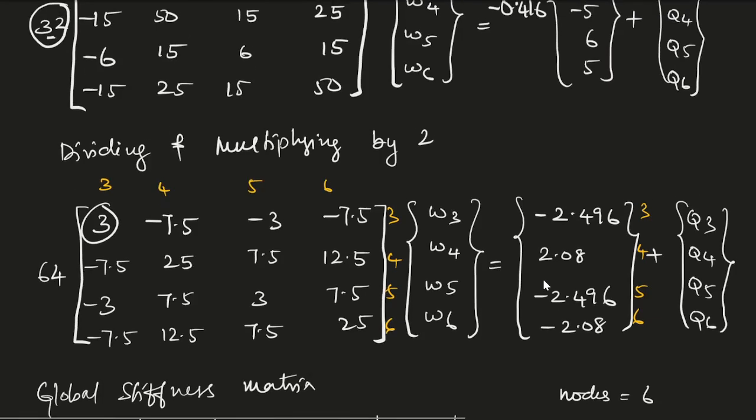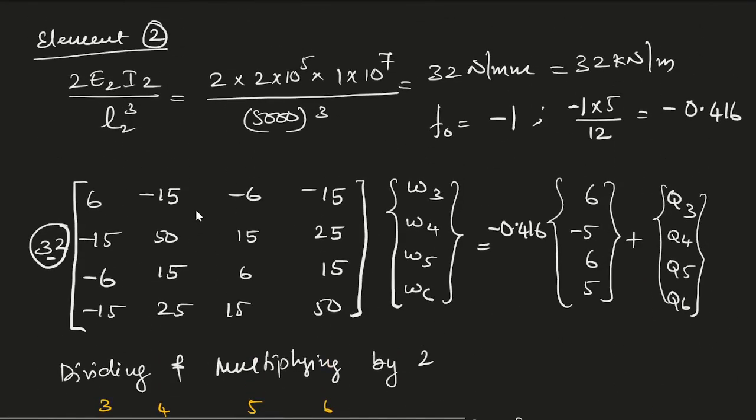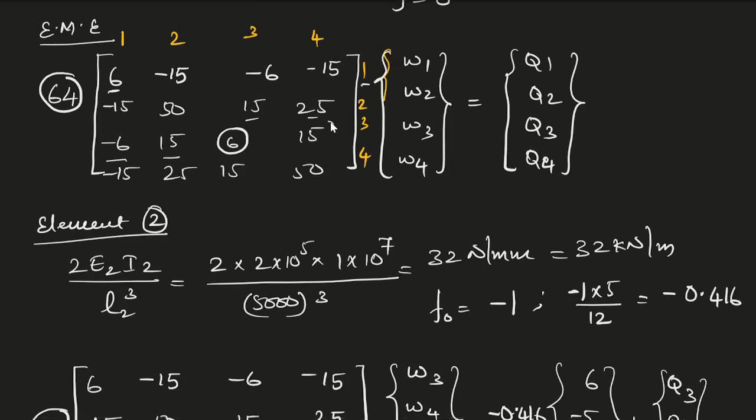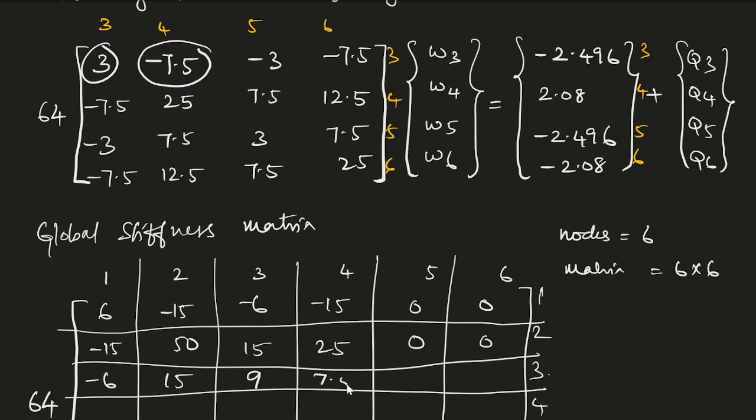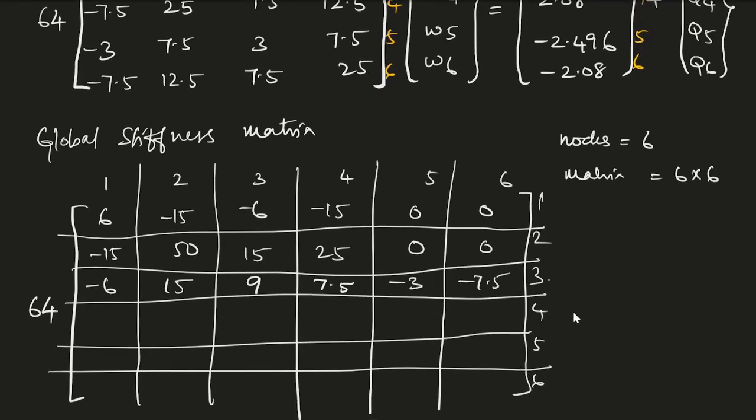Then 3 comma 4: in the first element we have 3 comma 4 as 15, so minus, and again it will be halved, minus 7.5. Then 3 comma 5 and 3 comma 6, you can write straight away these values, minus 3 and minus 7.5. In a similar manner you can do the fourth row as well.